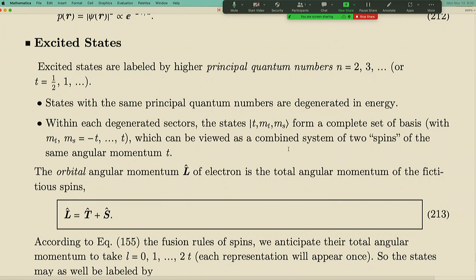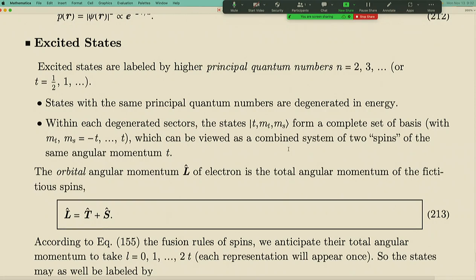But with T equals 1/2, we not only have a single 1/2 spin, because we actually have T spin and S spin together, right? The true orbital angular momentum of the electron is actually T plus S. Remember, T is this one, S is this one. If you take T and S and add them together, then that is the angular momentum L, basically.